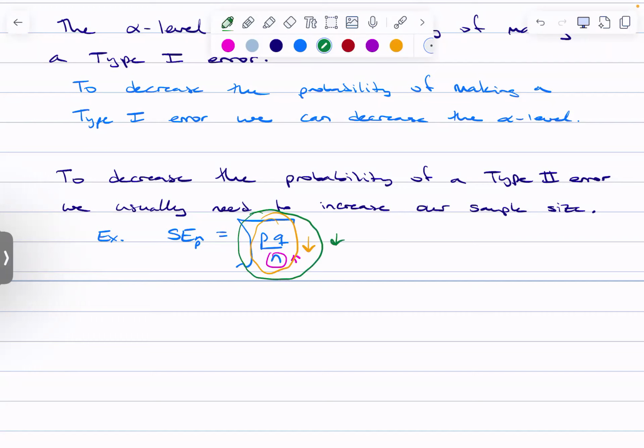The standard error is the spread. And so by increasing our sample size, we decrease our spread. We get more precise estimates.